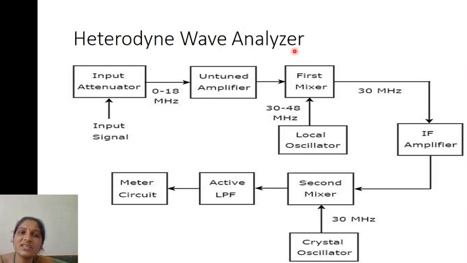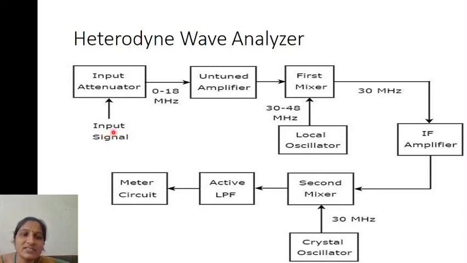Next, coming to the heterodyne wave analyzer. Heterodyne means mixing up. So mixing up of different signals is nothing but a heterodyne wave analyzer. In this heterodyne wave analyzer, you will have different frequencies, so this is mainly used for frequencies of higher range.